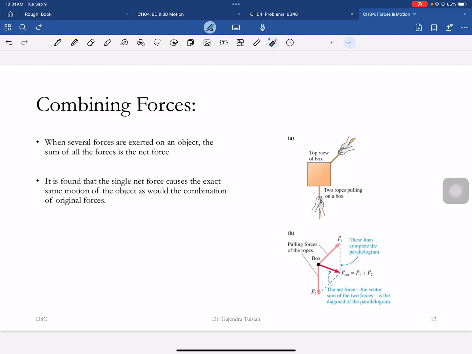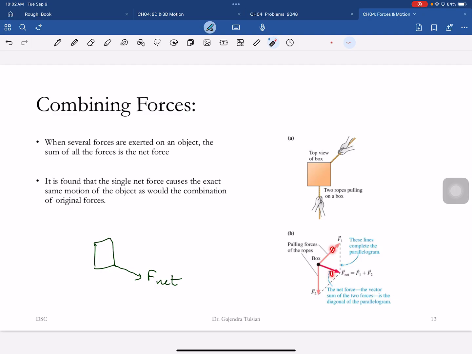So what we're saying is, if you have two situations, so there's this box again, and now I'm applying just this force on it. By looking at the motion of this object, you can't tell if there are two forces acting on it or just one force acting on it. So the effect of this one is the same as the combined effect of these two.